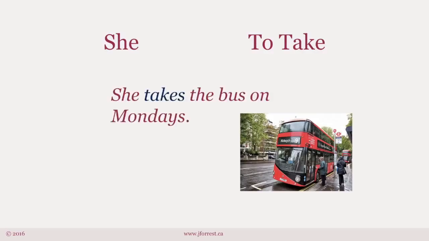She takes the bus on Mondays. And here, because the subject is she, I need to add that S. So why is this sentence in the present simple? Yeah, again, we're talking about our daily routine.